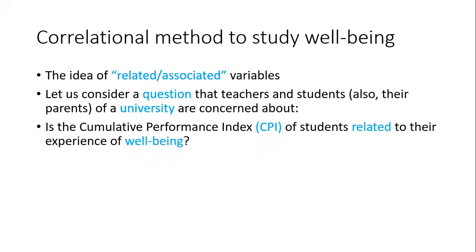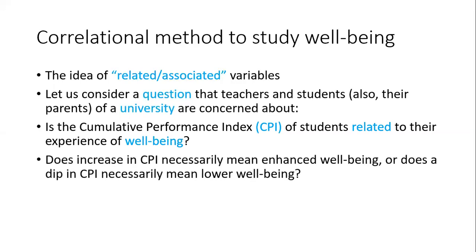Is the Cumulative Performance Index in that university, which tells us about the academic performance levels in various courses of students, related to their experience of well-being? Specifically, we can ask this question: does an increase in CPI necessarily mean enhanced well-being, or does a dip or decrease in CPI necessarily mean lower well-being?